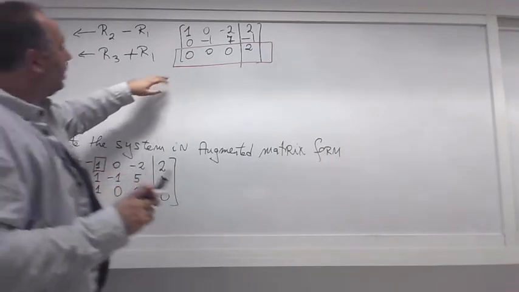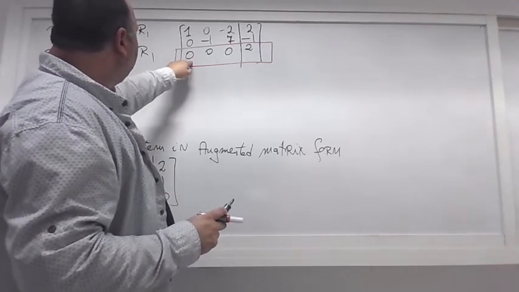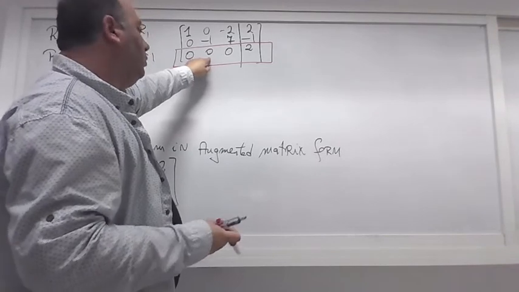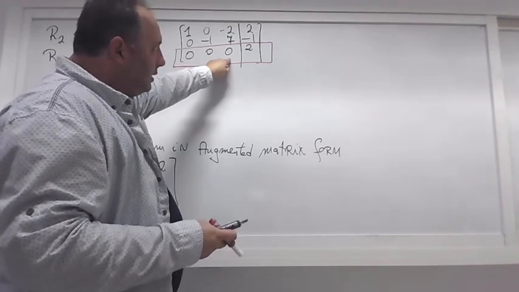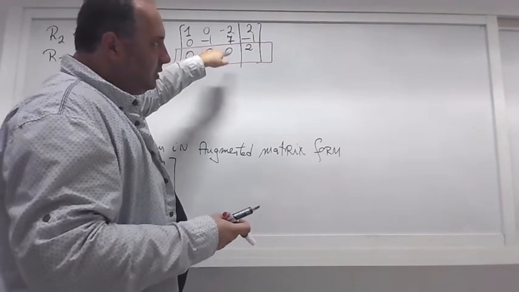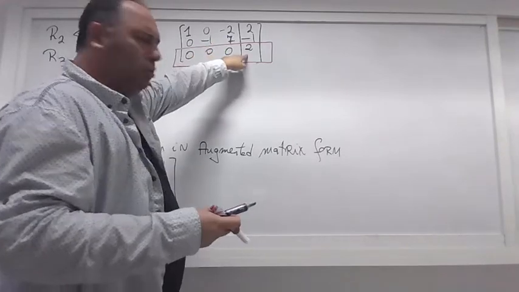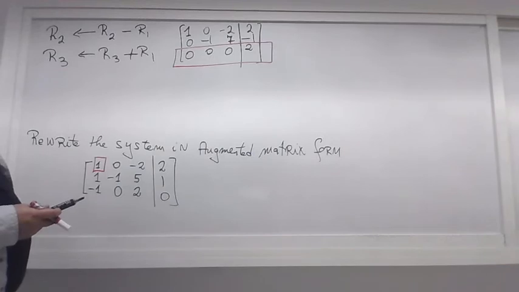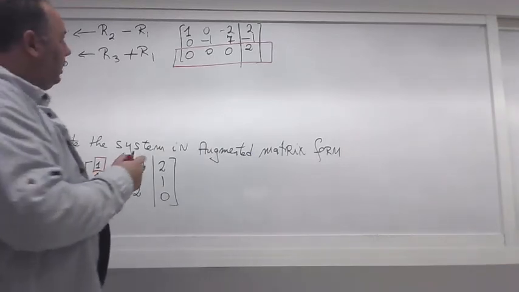But wait a minute, what happens here? I have 0 times x1, which is 0, plus 0 times x2, which is 0, plus 0 times x3, which is 0, so 0 plus 0 plus 0 is 0, equal to 2. So it tells me that 0 is equal to 2. Like, no way.